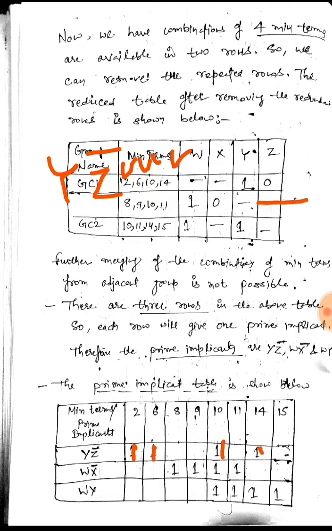Similarly for the second prime implicant I have 8, 9, 10, 11, so I put 1 in 8, 9, 10, 11. For the last prime implicant, w y, I have 10, 11, 14, 15, so I put 1 there.